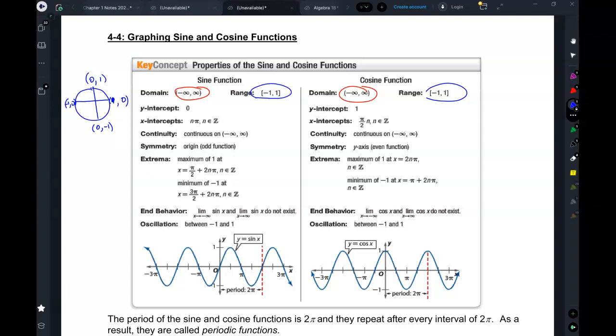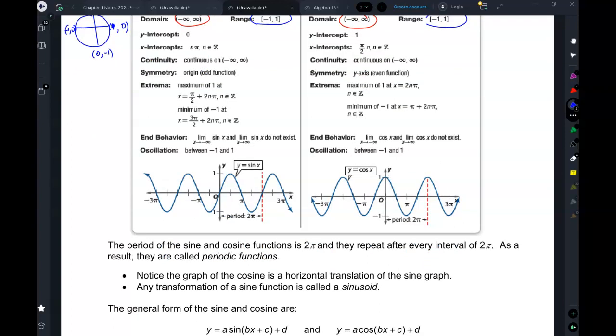So y is 0, then 1, then 0, then -1, then 0. So y just oscillates between -1 and 1. That's the range of sine. And it's the same for cosine: the x values go from -1 to 1.